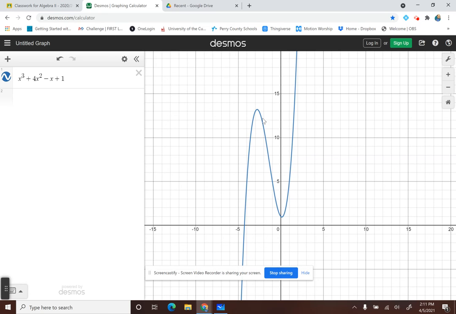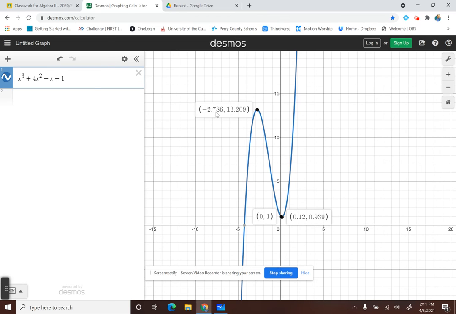And notice what I can do with Desmos. I can plot out what that minimum and maximum value is. Look at that, it's already trying to help me find it. Actually, it's trying to help me find the y-intercept as well. But you can see where the top of this is, and so this would be my relative maximum.